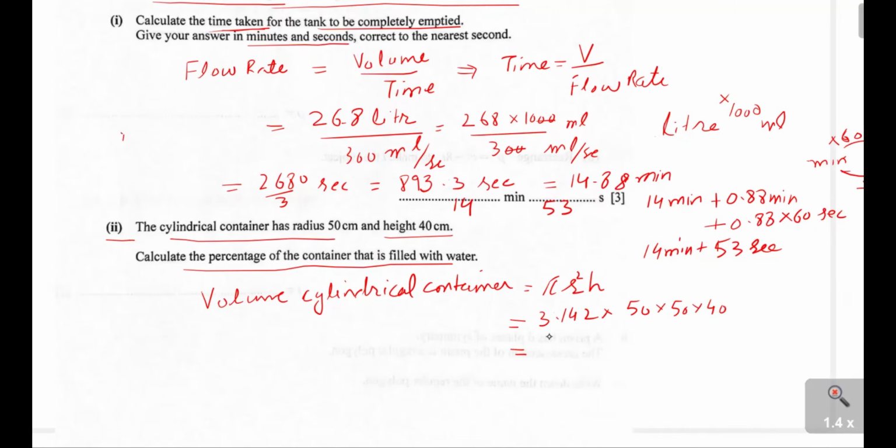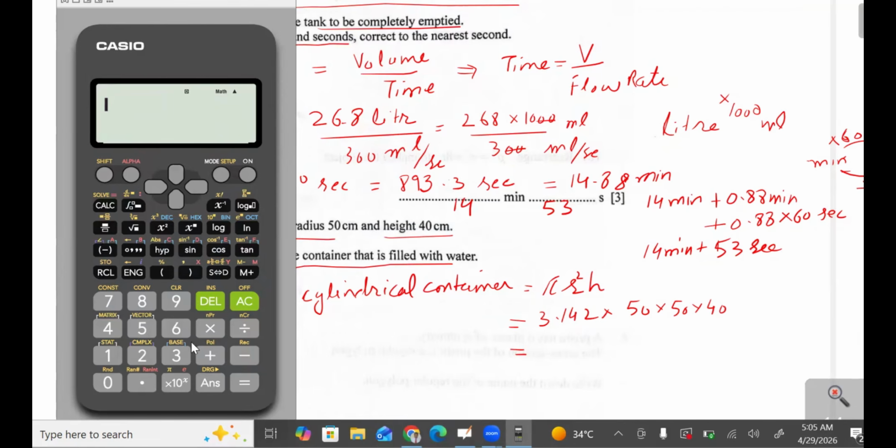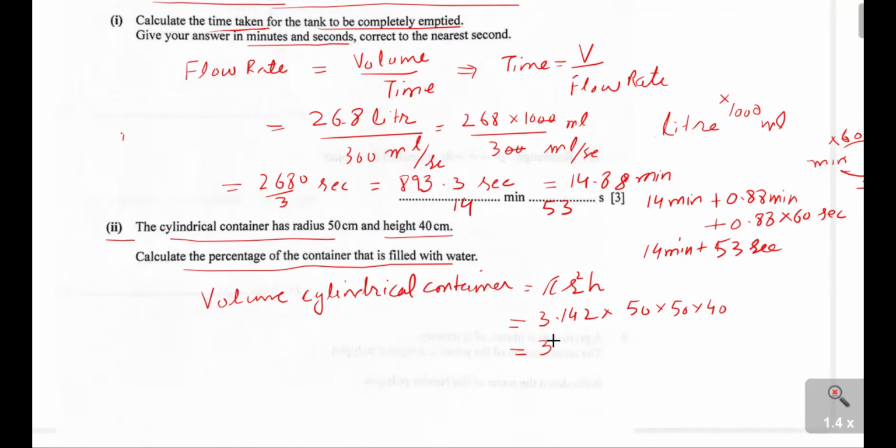Therefore, this value will be equal to 3.142 multiplied by 50 into 50 into 40, and this will be equal to 314,200. Look here, this is in cubic centimeters.